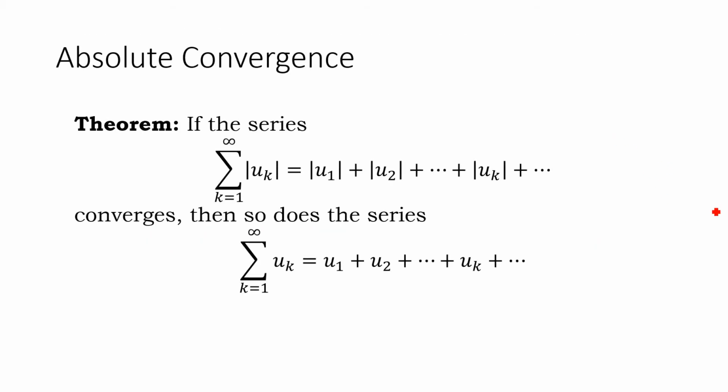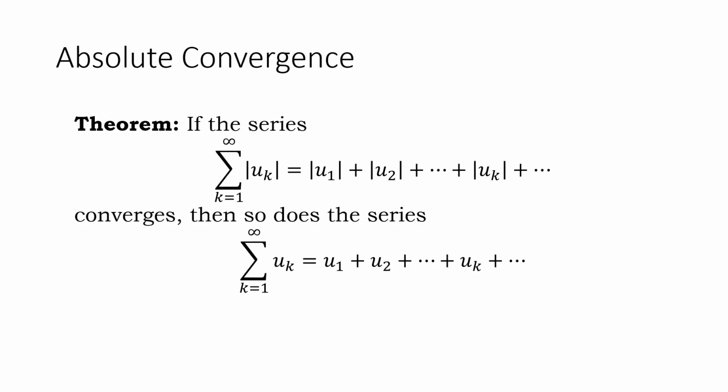So here is another theorem. It is important to distinguish between the notions of convergence and absolute convergence. For example, the series in the previous example converges since it is an alternating harmonic series. Yet we demonstrated that it does not converge absolutely. However, the following theorem will show that if a series converges absolutely, then it converges.